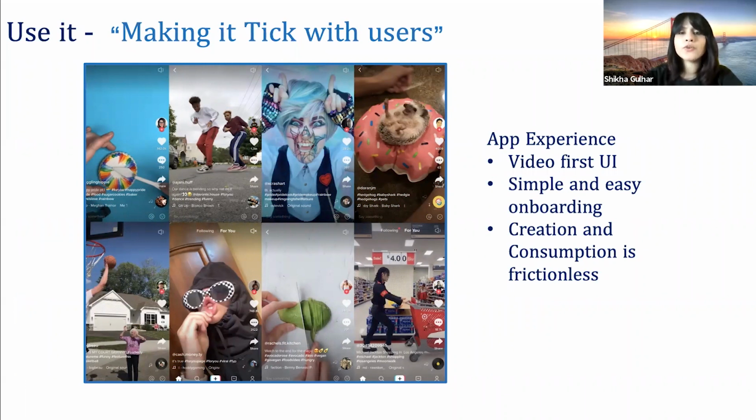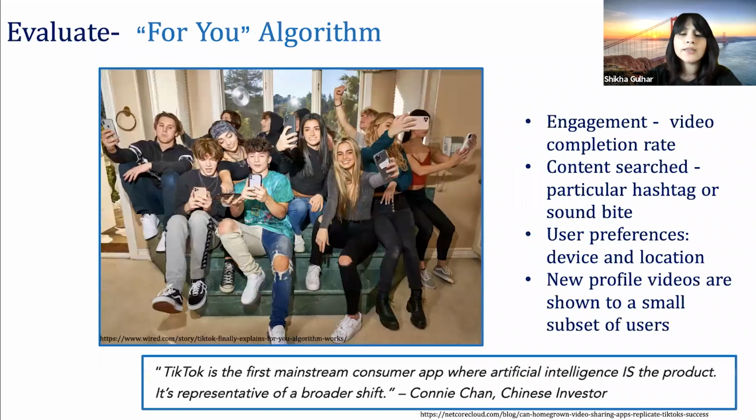So anybody who first comes and looks at the product sees features like video-first UI, simple and easy onboarding, and a frictionless way of creation and consumption, which are some key features that help a new user to start enjoying and exploring the product. And once the onboarding is completed, the next phase of evaluation starts.